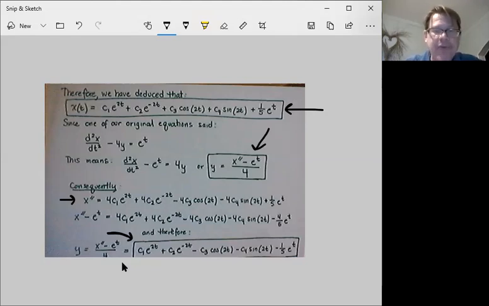So there we have it. We found two functions, x and y, that are both functions of the independent variable t, and they both satisfy both of the two original differential equations that we began with. We did it by the method of elimination, by doing some operations to the two differential equations that allowed us to remove one of the functions and end up with a differential equation.